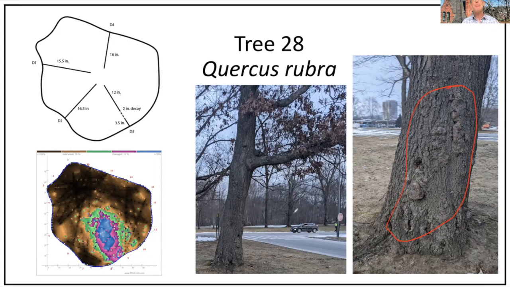So it would make sense that people would have rated it with a higher likelihood of failure at the visual assessment. But then looking at the resistograph and the tomogram outputs, they don't reveal a huge amount of decay. So it would again make sense that someone would decrease their likelihood of failure rating after using these other techniques.